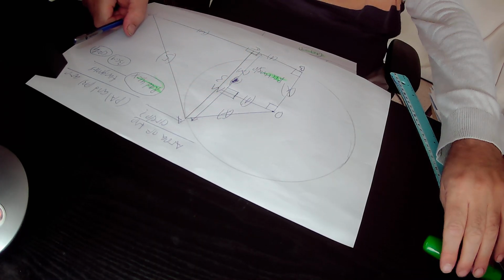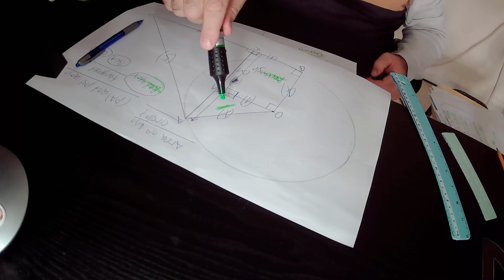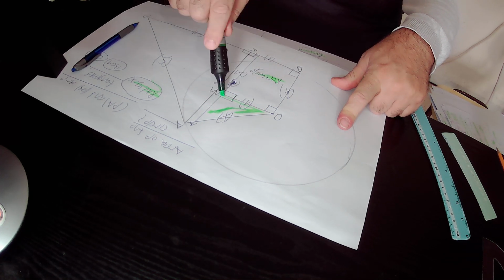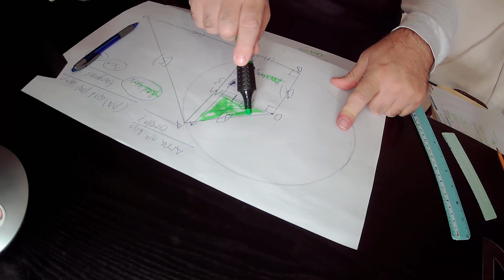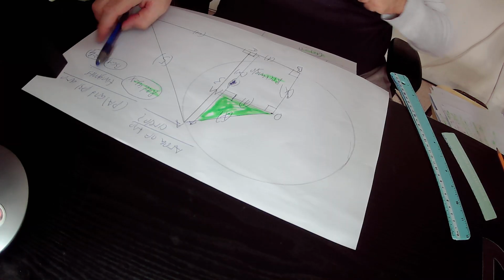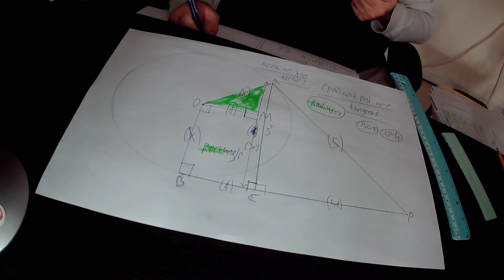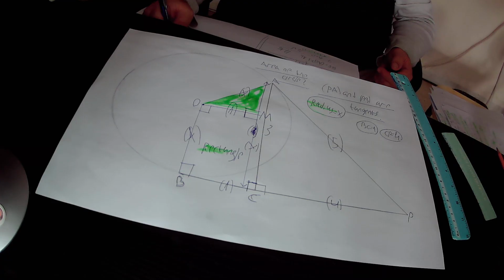In the next step, we will apply the Pythagoras theorem on this green right triangle, triangle OMA. Here PT is the evaluation for Pythagoras theorem.